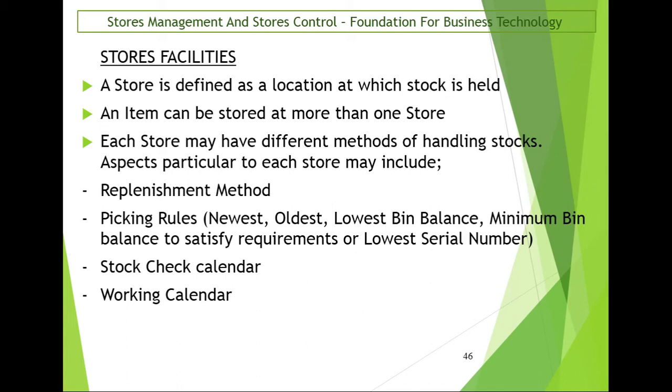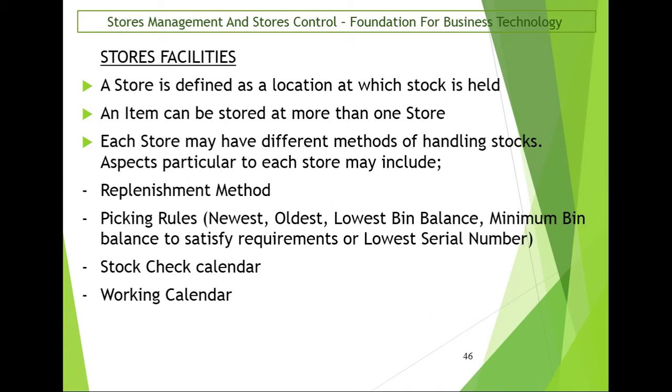Each store may have different methods for handling stock, and the different aspects that can be particular to each store can include the replenishment method. Because of the different sizes of the stores, they cannot all have the same reorder level, because in the first place they've got different maximum stock holdings per item.